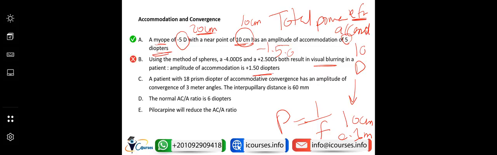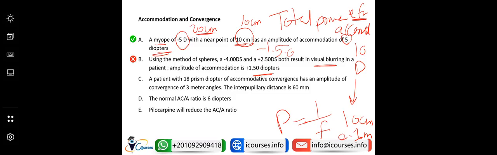No, he will not be blurred. He would be blurred only if he didn't have sufficient accommodation. Since he has an amount of accommodation that will overcome the degree of myopia present in front of his eyes, he will be able to overcome this myopia.